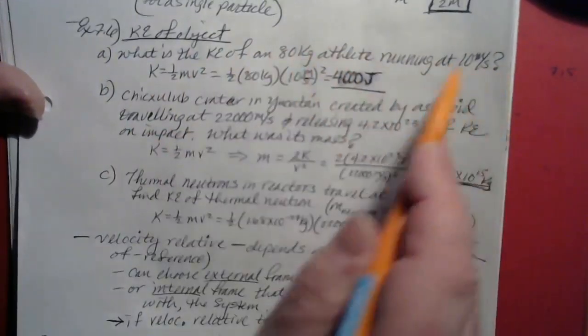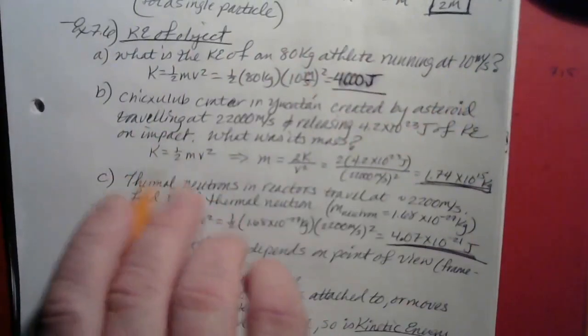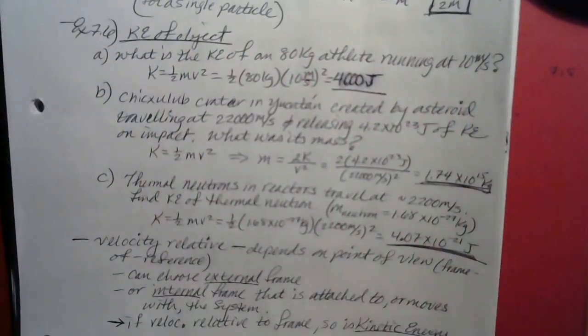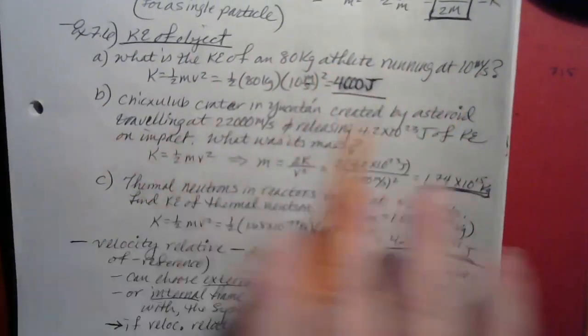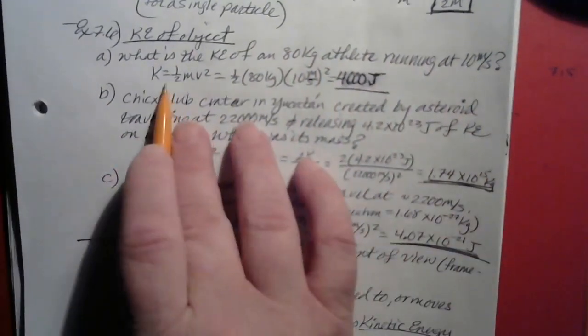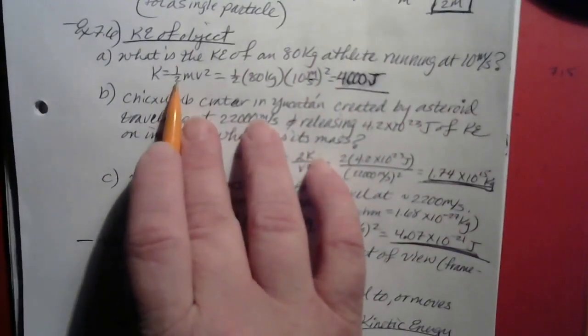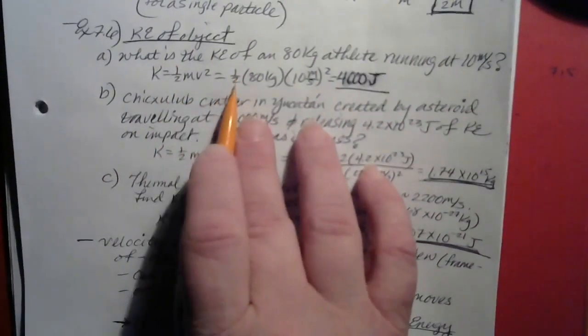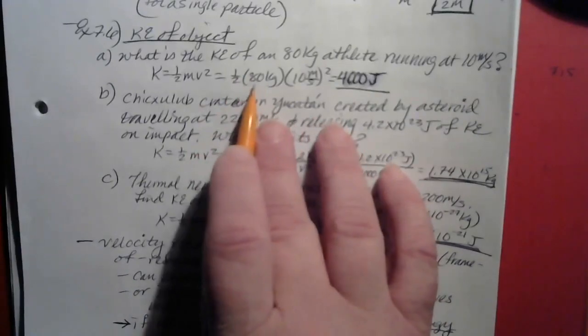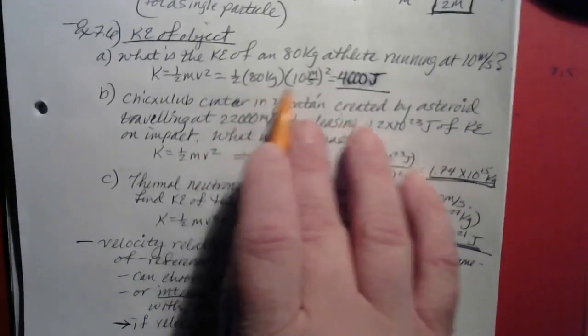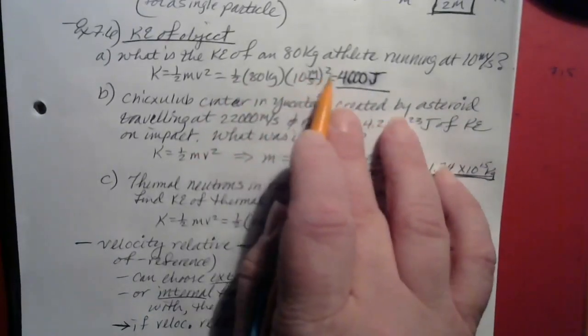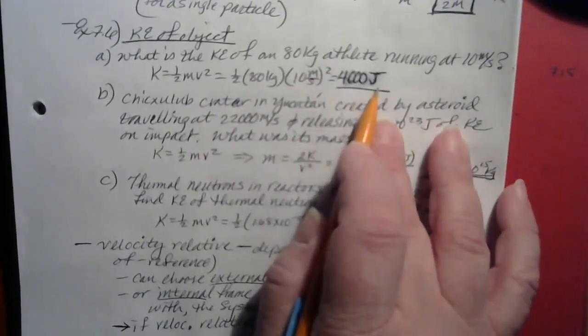Fortunately, both of these quantities were given in the requisite SI units. If they weren't, you would have to do a unit conversion to get kilograms and meters per second. The kinetic energy is 1/2 mv squared. That's 1/2 times 80 kilograms times 10 meters per second squared, and that's 4,000 joules.